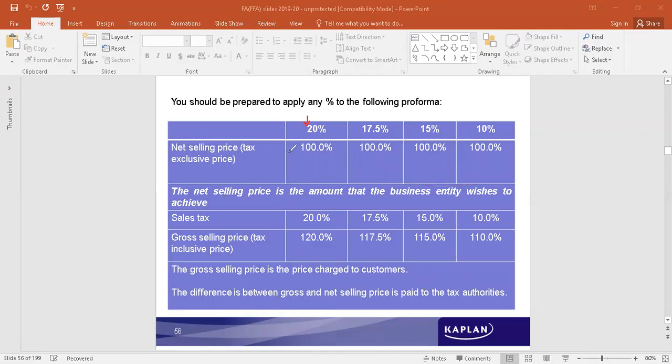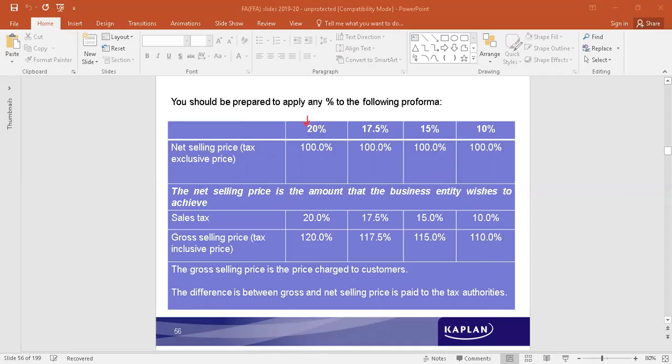If the price of the product is 100, and the tax rate applicable is 20%, the total price charged to the customers on the product would be 120. So whatever the price, add the percentage of sales tax at the applicable rate, decide the total selling price, and charge it to the customer.